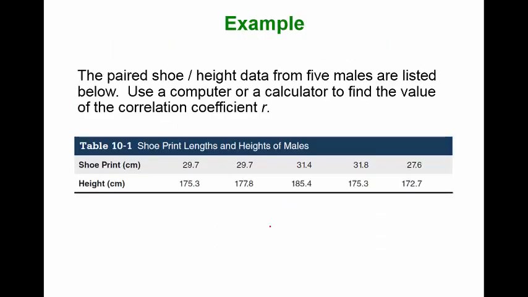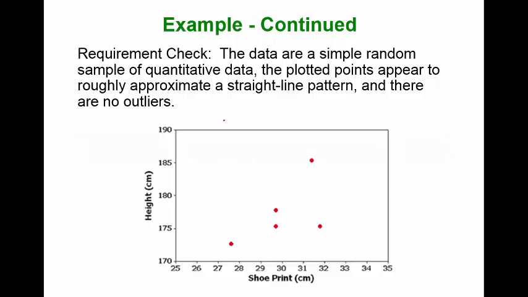Just to get a feel for the correlation coefficient, here is a small set of values that takes a look at shoe print size in centimeters and height in centimeters. We can start by looking at a scatter plot where the shoe print is the x variable and the height is the y variable.